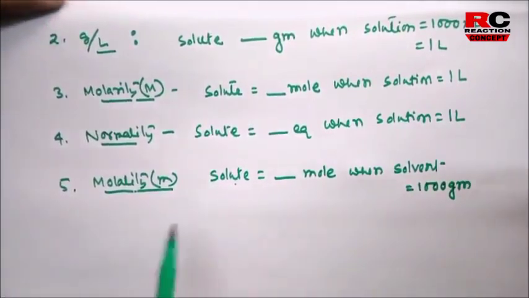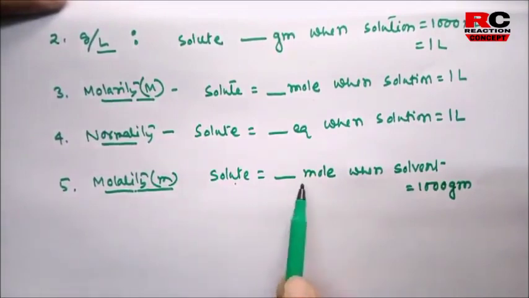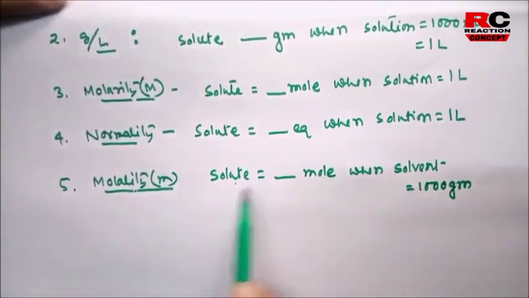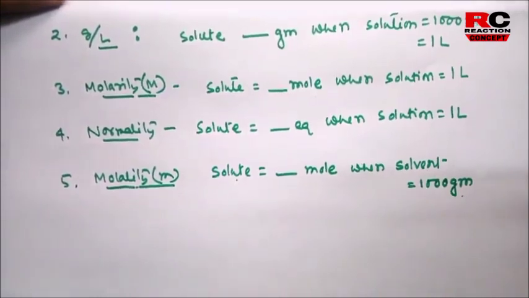Okay, so molality can be defined as the amount of solute in terms of mole, or number of moles of solute, in 1000 gram of solvent. Okay, you can define it also this way.